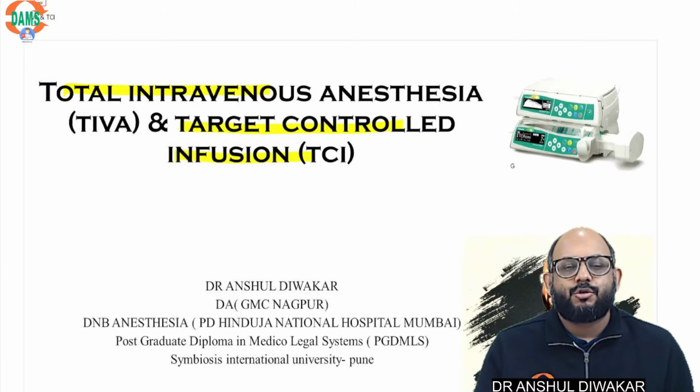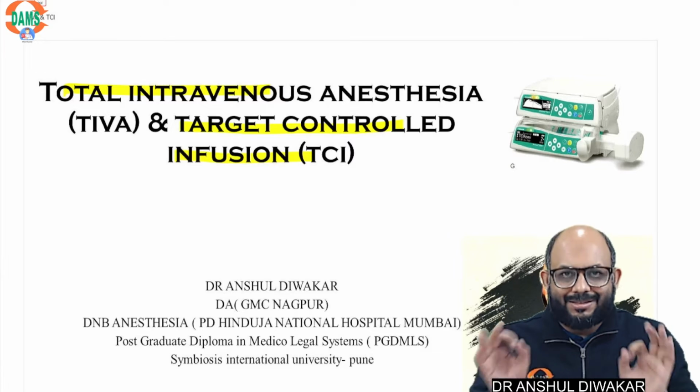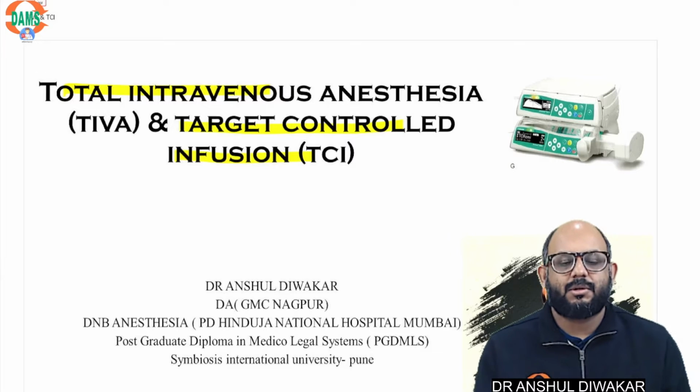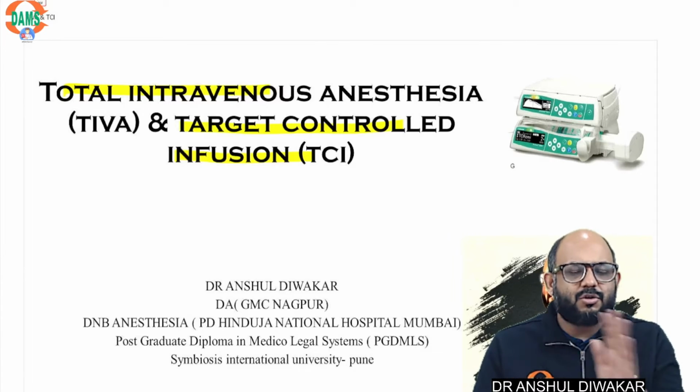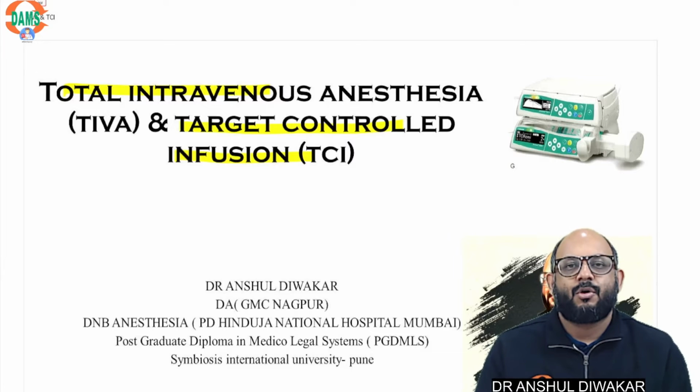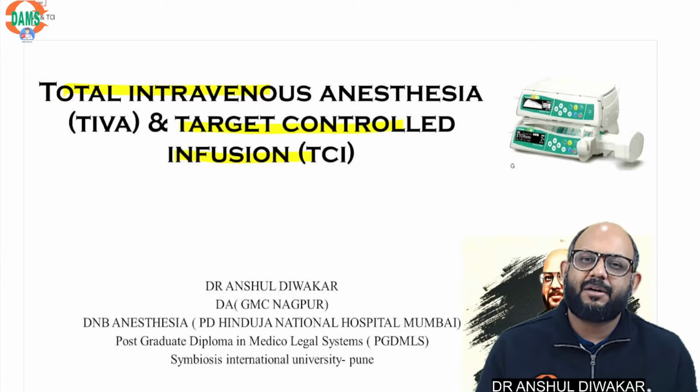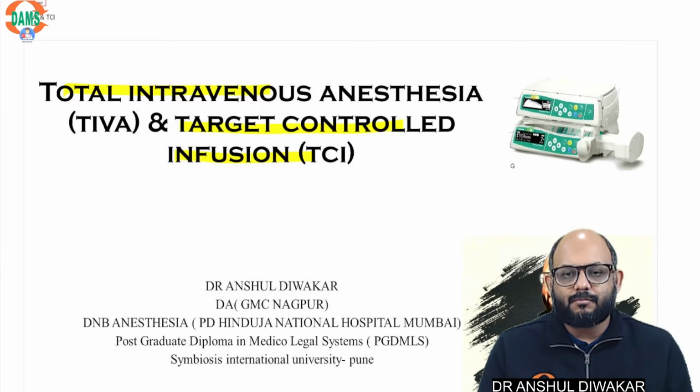the exam. So I have literally dumbed down this topic, because any text that you take for this topic, whether it is Miller's textbook of anesthesia or hundreds of articles that have been written on TIVA and TCI, you will find a very complex language in them.